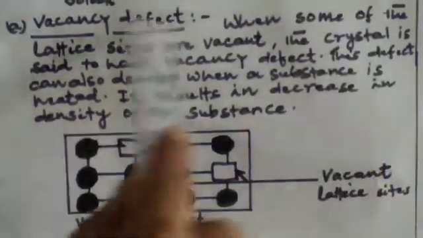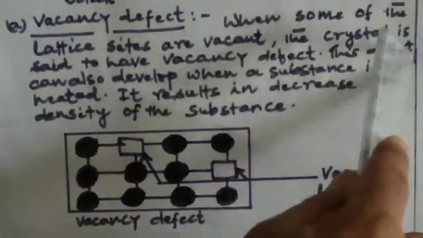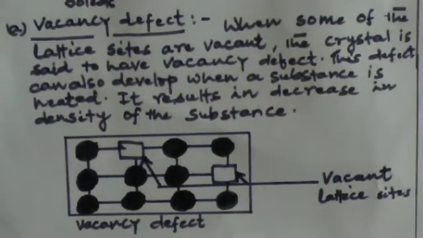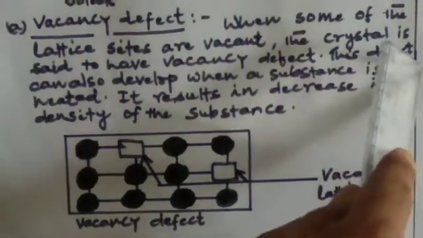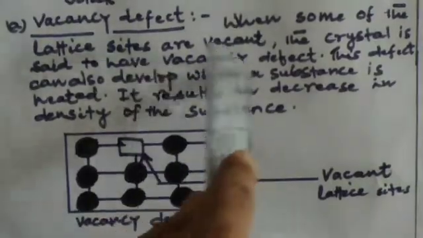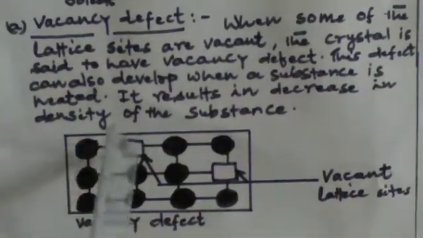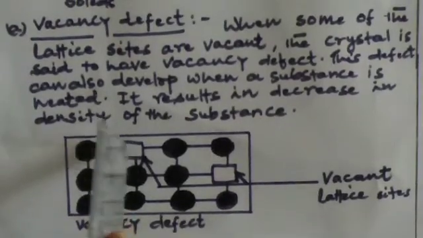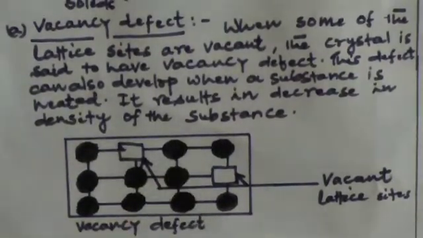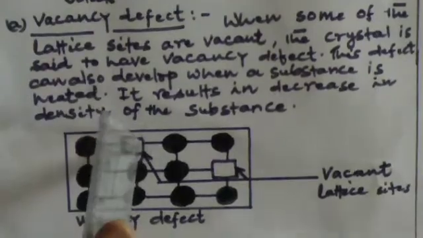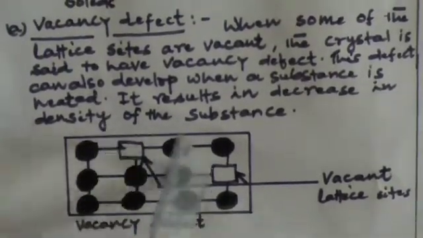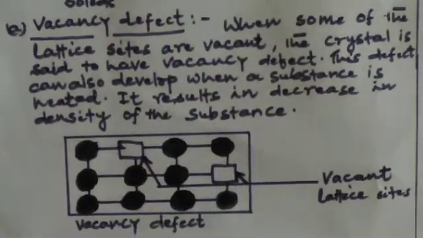When some of the lattice sites are vacant, the crystal is said to have vacancy defect. This defect can also develop when the substance is heated. Vacancy defect sometimes develops on heating, so some of the lattice sites will not be occupied by the constituent particles.